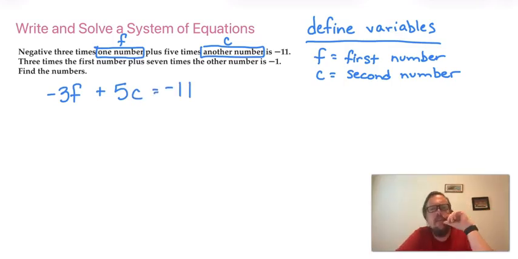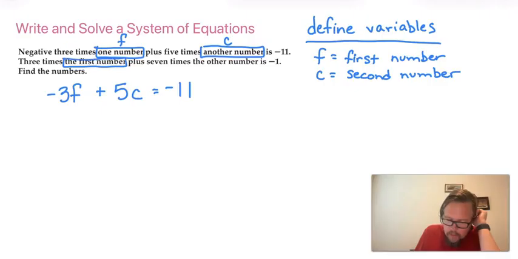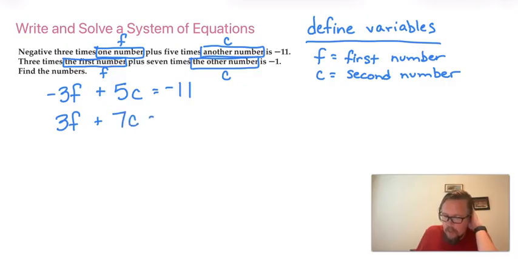Okay, that seems good. And then let's look at our second sentence. It says 3 times the first number, so there's our first number, 3 times the first number, so 3 times f, plus 7 times the other number, so plus 7 times c is negative 1.